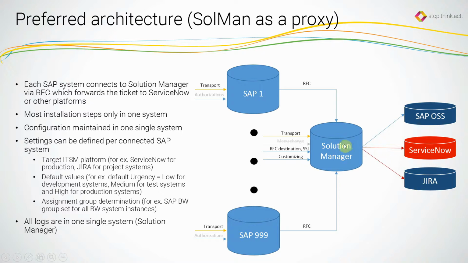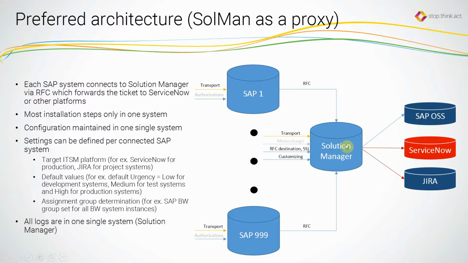Also, you can set default values based on the system. So maybe a development system will have the default urgency set to low. However, on a production system, it might be medium or high. Also, you can even set the assignment group based on the system. So if a ticket is coming from BW, then by default it will be routed to the BW team in your service desk.